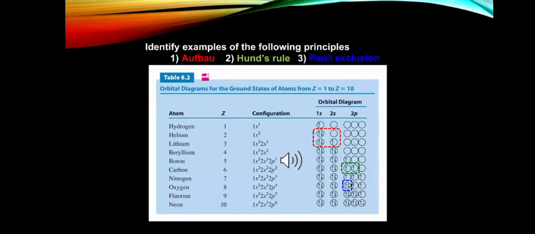Here you have to check clearly that they are first filling the 1s orbital completely, the 2s orbital completely, and after singly filling each and every sub level of the 2p orbital, they are filling the double electrons. That is, they are providing the multiplicity to the electrons in the same orbital but with the opposite spin.